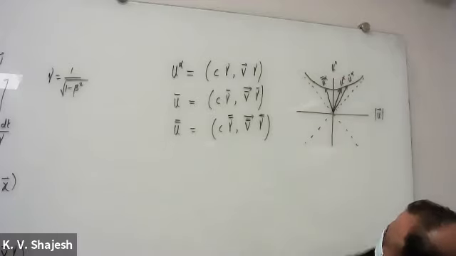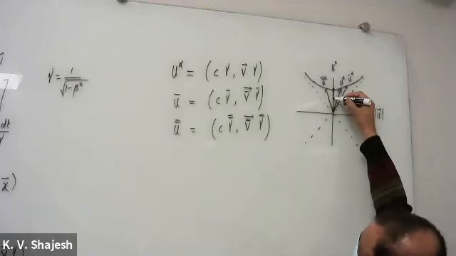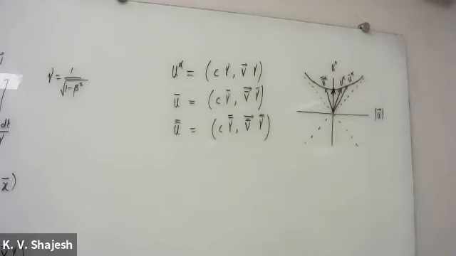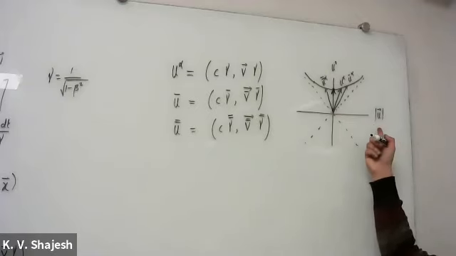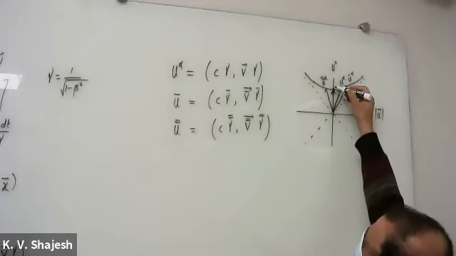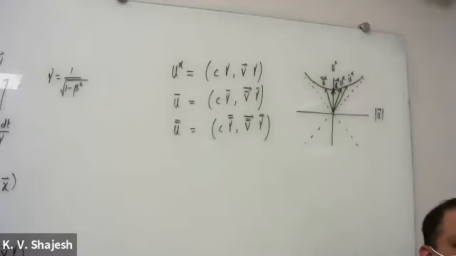Out of all this, I can choose one. This is a very special frame because there it doesn't have this. This is equal to 0. Let me call this u tilde. That's a special frame.